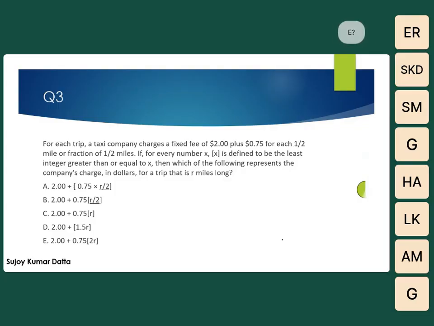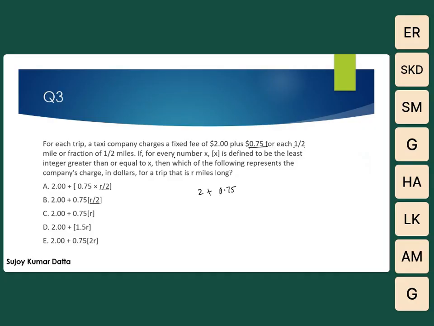All right, so let's take a look at this one. So it's clear that the $2 is fixed. You have to pay $2 even if you don't travel at all. Plus, now you pay 75 cents for each half a mile or a fraction of half a mile. Means what?